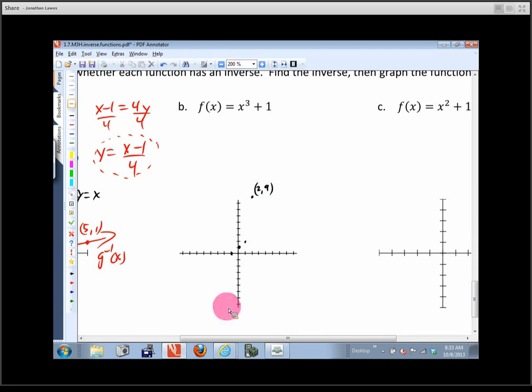So that's going to be down 1, 2, 3, 4, 6, about right there. That's going to be negative 2, negative 7. And the graph looks something like this. Okay, will that have an inverse that's also a function?